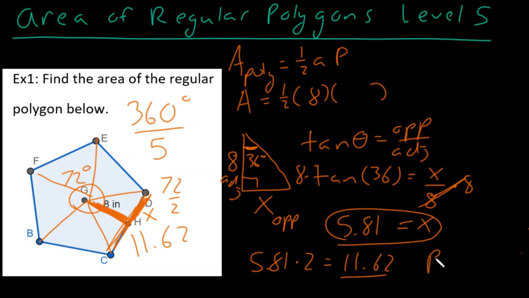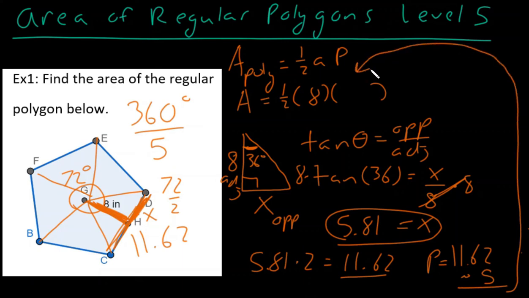We know that P will equal 11.62 times the number of sides, which is 5. So what is 11.62 times 5? That will give us 58.12.